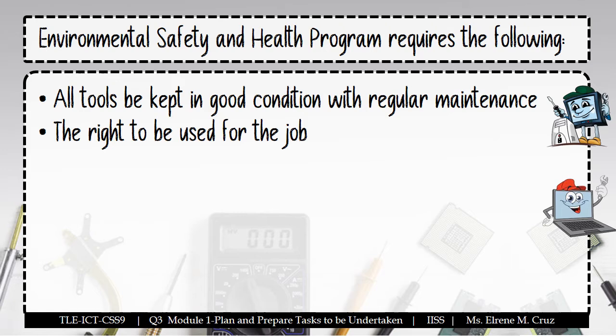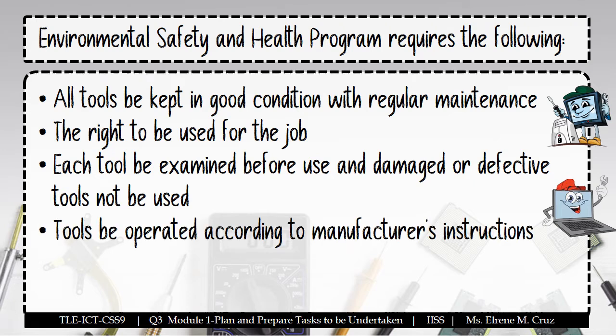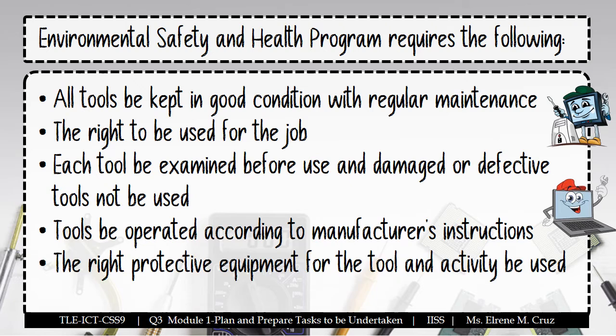Next is the right tool to be used for the job. Each tool to be examined before use and damaged or defective tools not be used. Tools be operated according to manufacturer's instructions. Lastly, the right protective equipment for the tool and activity be used.